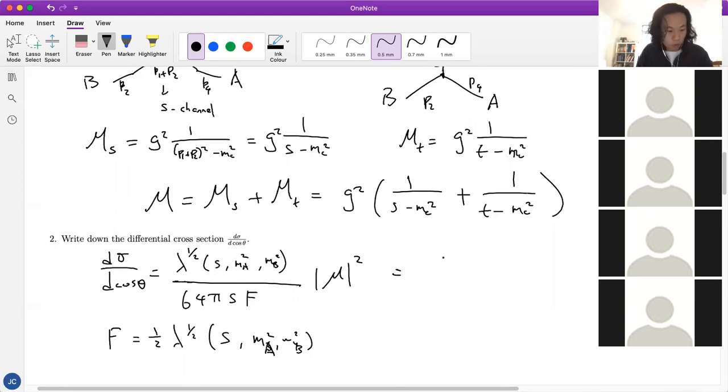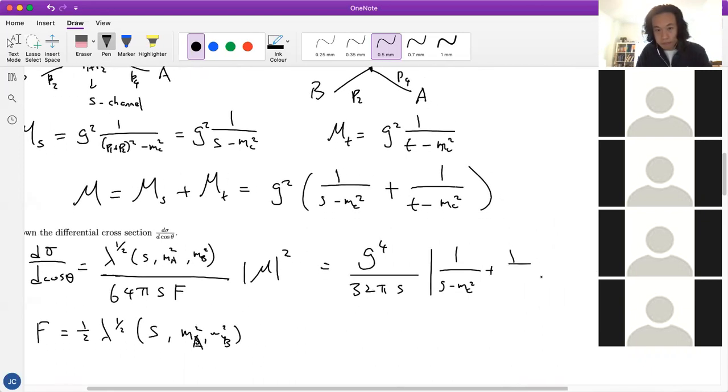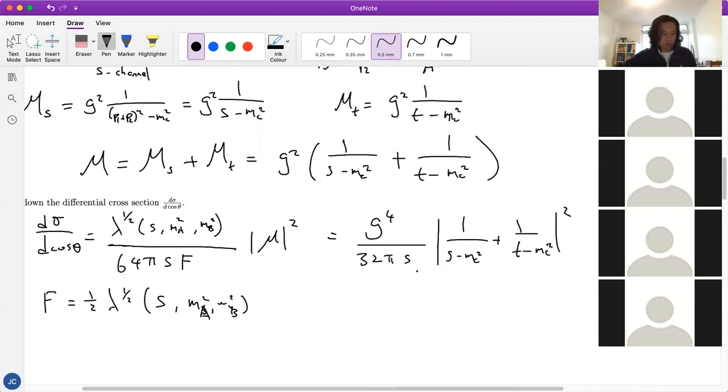So overall, we get G to the 4, G squared squared again, taken out of the front, over 32 pi s, so we sub in the flux factor. Then we leave the rest of it in the absolute value, 1 over s minus m_C squared plus 1 over t minus m_C squared. And that's our differential cross section.